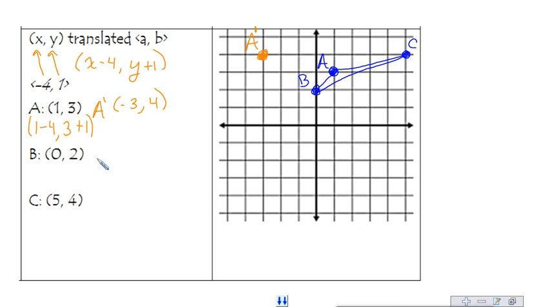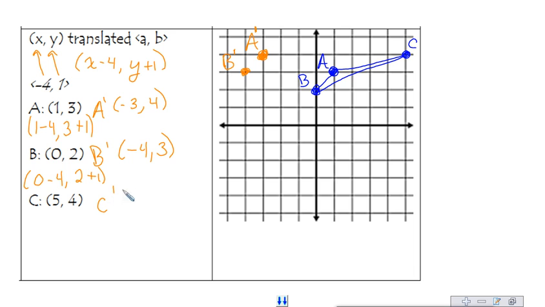Alright, this next guy, for B, I'm going to take my 0 and subtract 4. I'm going to take my 2 and I'm going to add 1. And that's going to give me negative 4, 3. If at any point you need to pause the video, please do so. So I'm going to plot 1, 2, 3, 4. 1, 2, 3. That's my B prime.